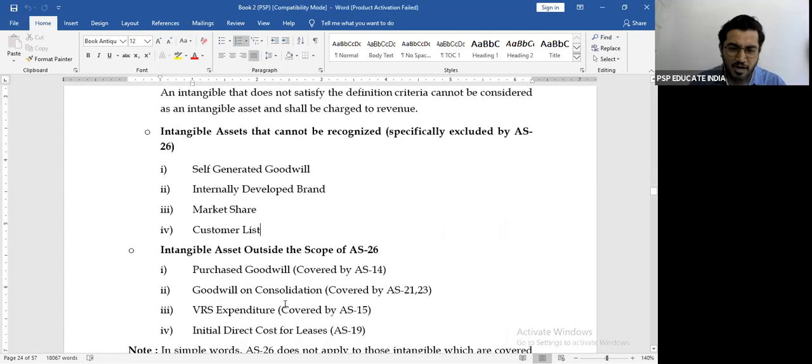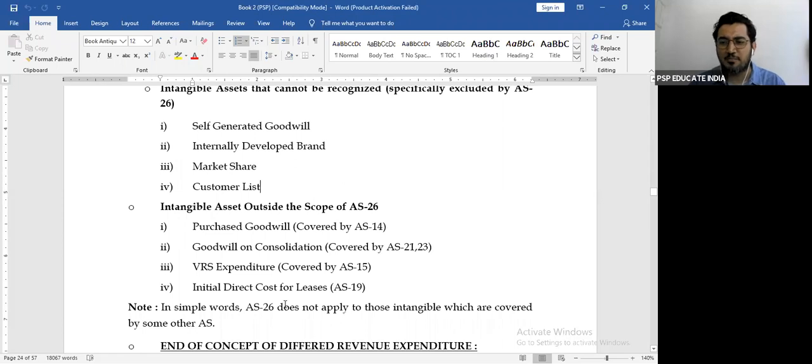The next 4 items are definitely your intangible assets, but they are out of the scope of accounting standard 26 because some other accounting standard is covering them, which is purchased goodwill, goodwill on consolidation, VRS expenditure, and initial direct cost for leases, which simply means that if some other accounting standard is covering a particular intangible asset, then AS-26 will not interfere in this case.